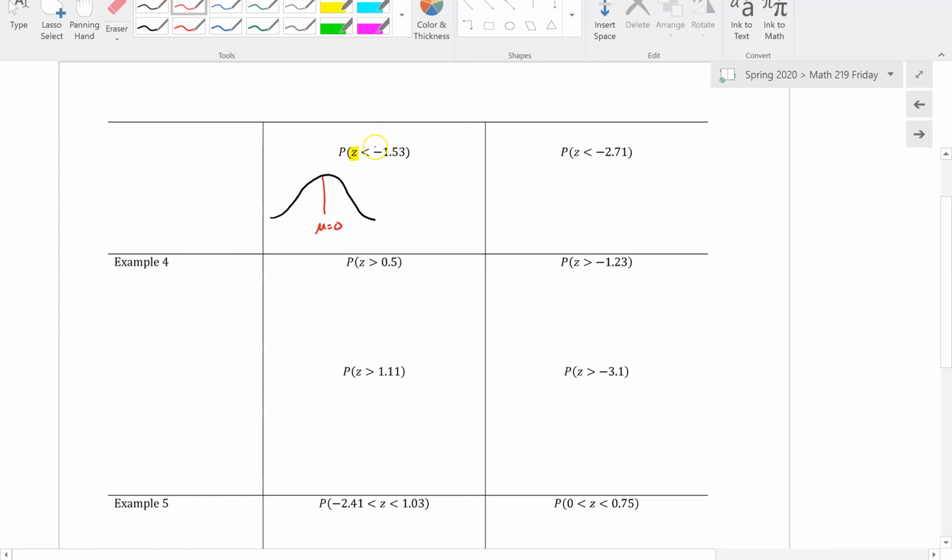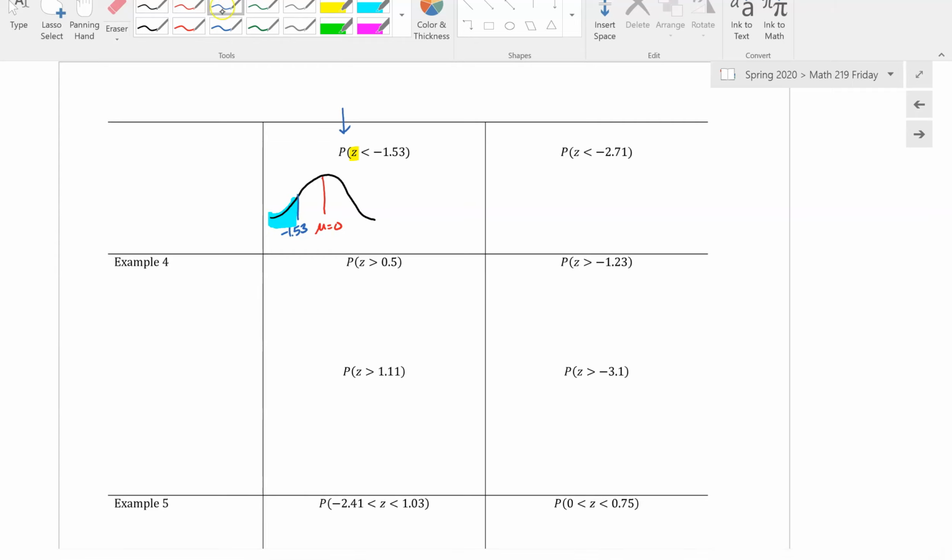Since that z-score is negative, I'm talking about some data value that is 1.53 standard deviations below the mean. So there's -1.53. And I want the probability, area under the curve, of something that is left of that. I want z-scores that are smaller than -1.53. So I want area to the left there.